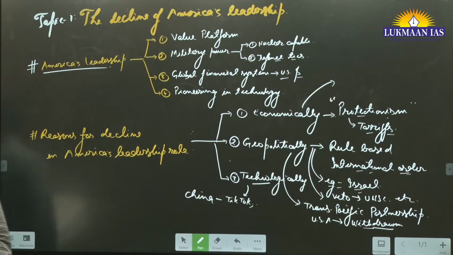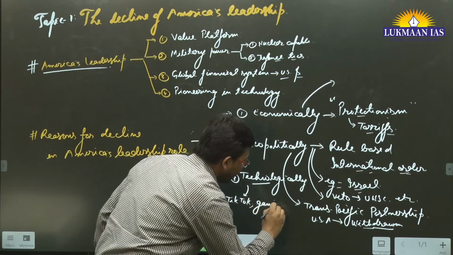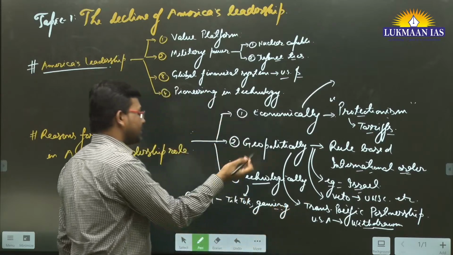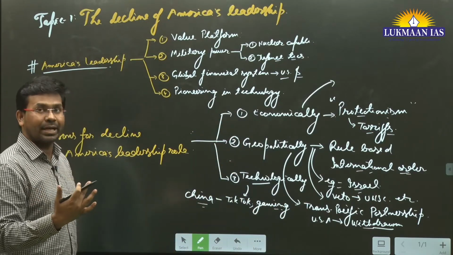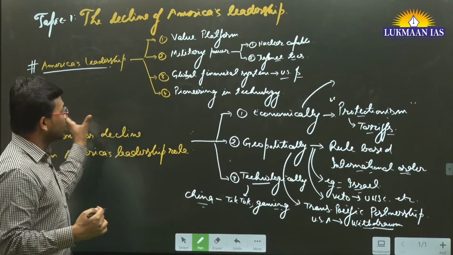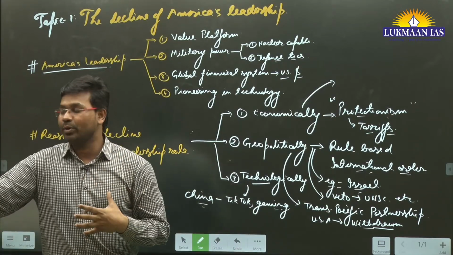Apart from this, in this article they have mentioned many other things, like Confucius Institutes and gaming. In the gaming industry, China is rising. So technologically also it is going a little bit back. These are some of the reasons that can be cited.